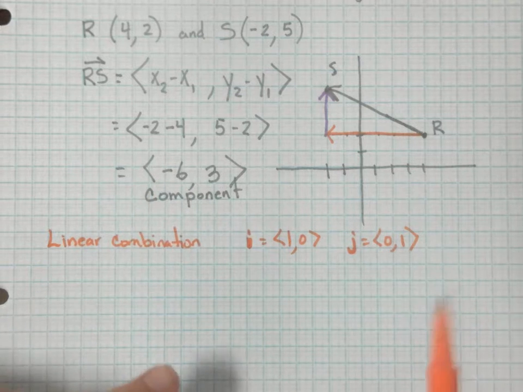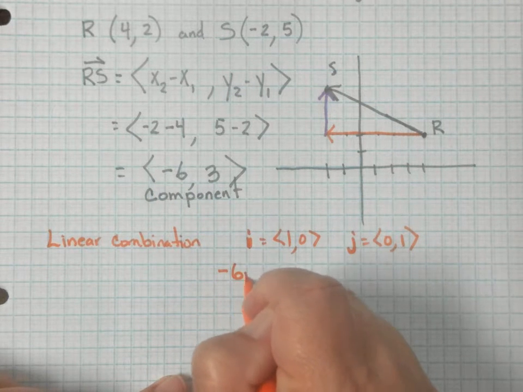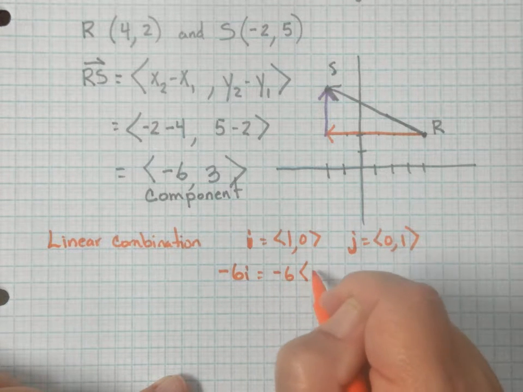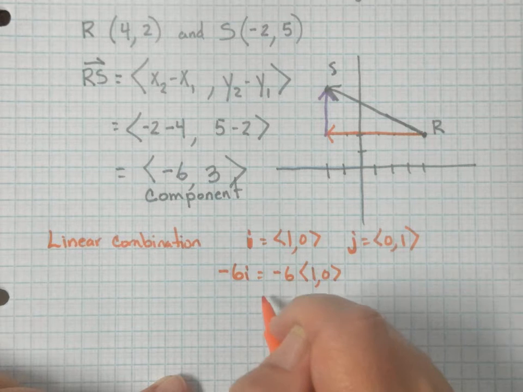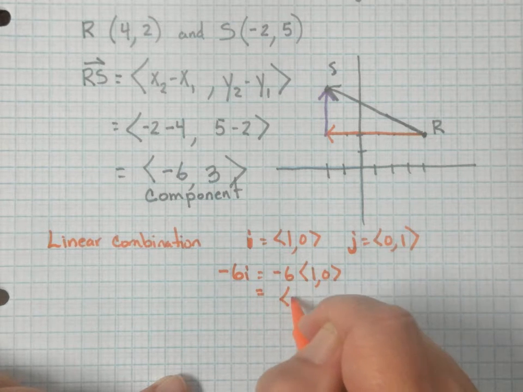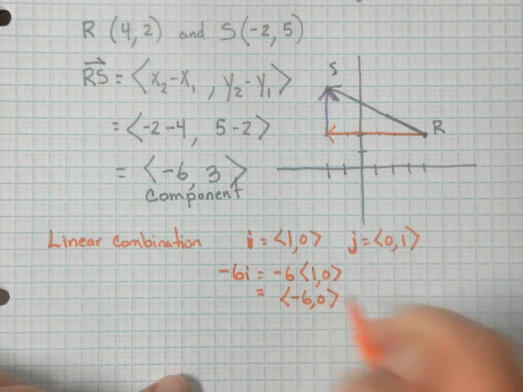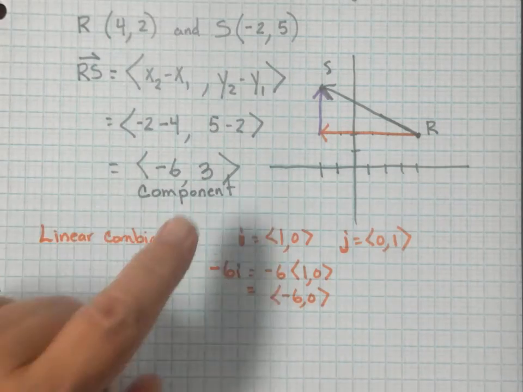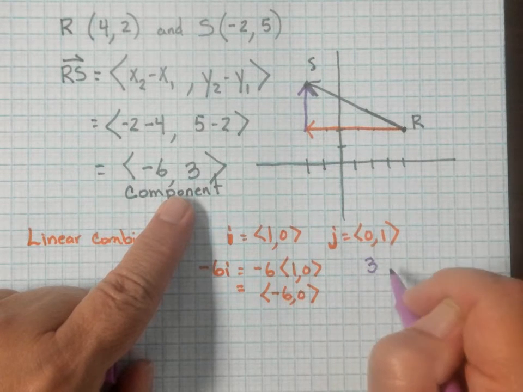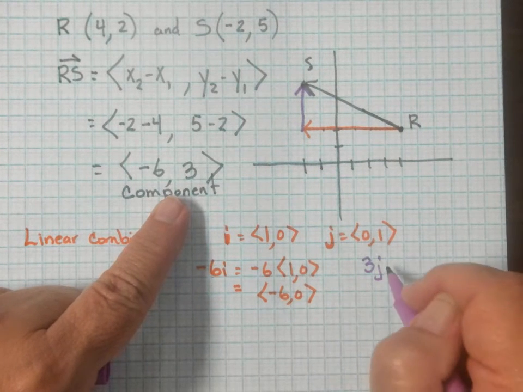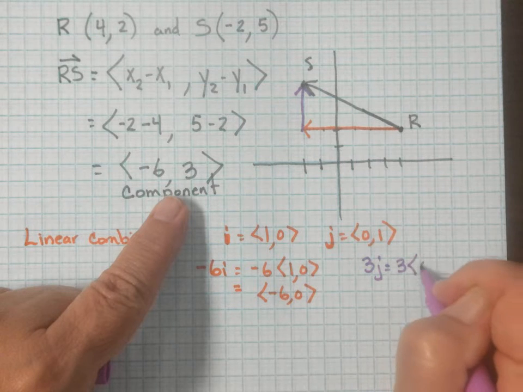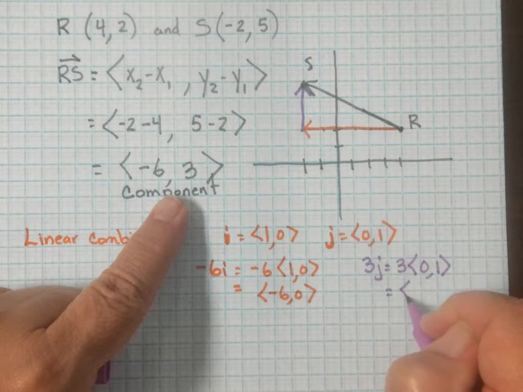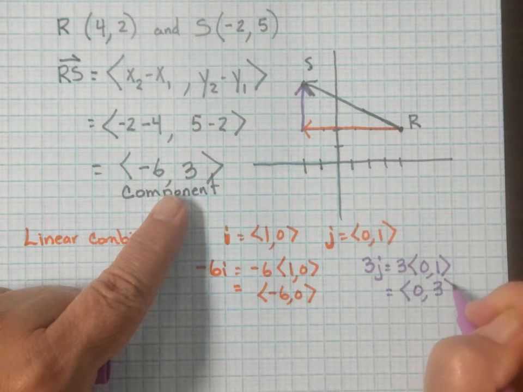So if I multiply -6 times i, that would equal -6 times the vector 1, 0, which would equal the vector -6, 0. Right? And then if I take 3 and multiply it by j, it's going to give me 3 times 0, 1, which is going to give me the vector 0, 3.